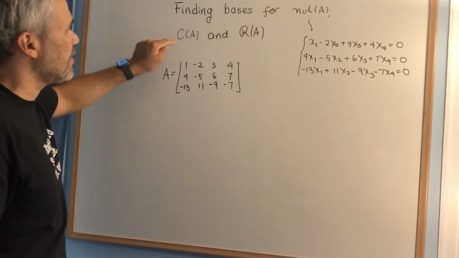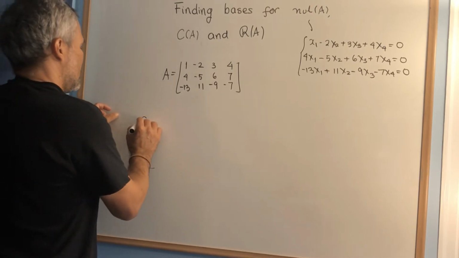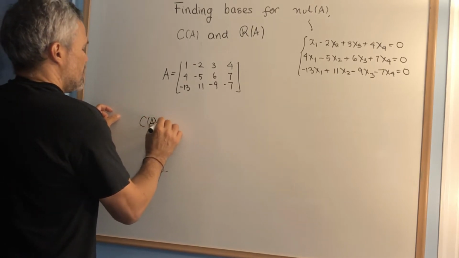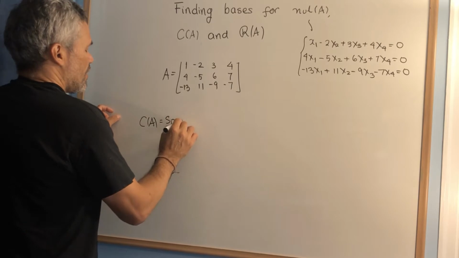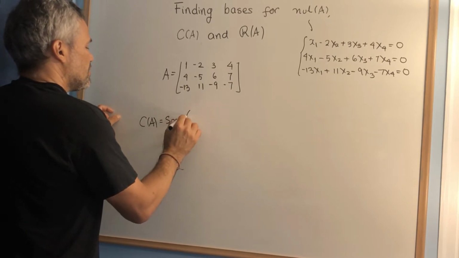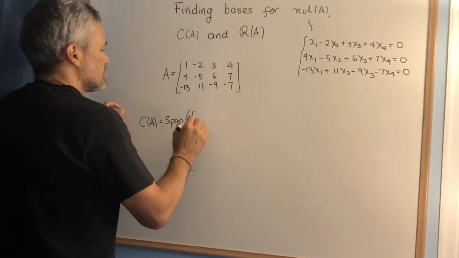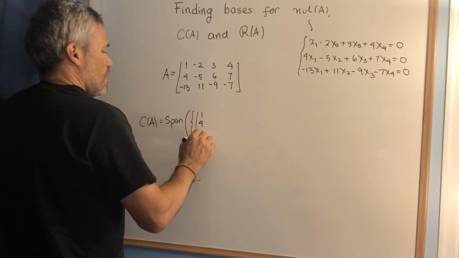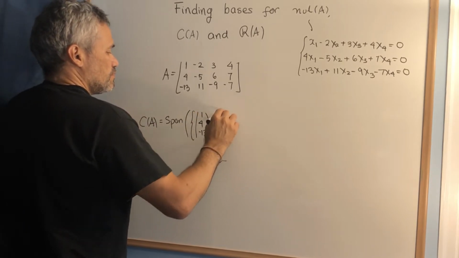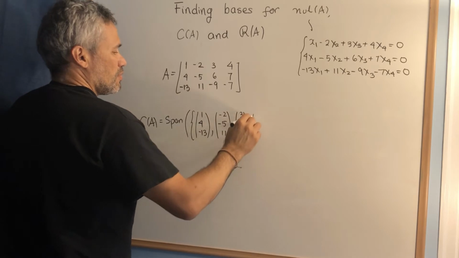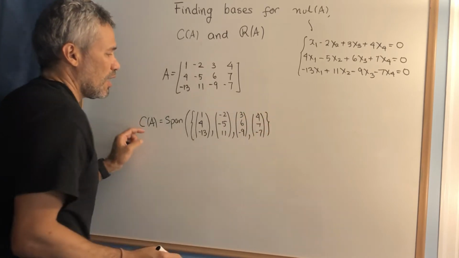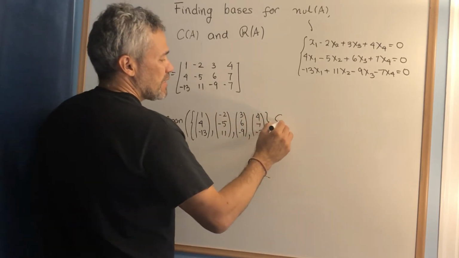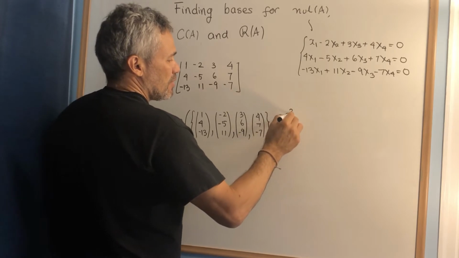The column of A, on the other hand, is the span of the columns. That means it's the span of these vectors. And clearly, this is a subspace in R3.